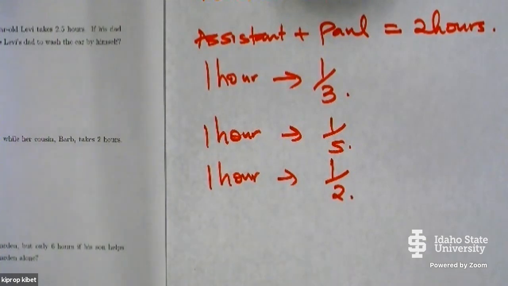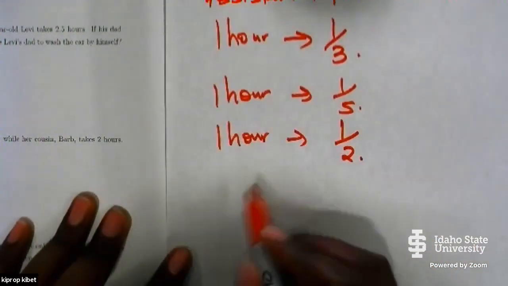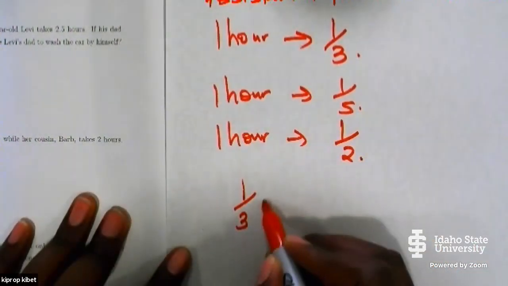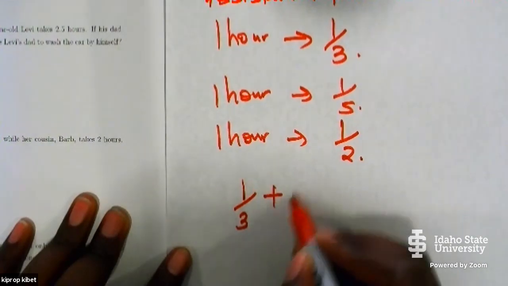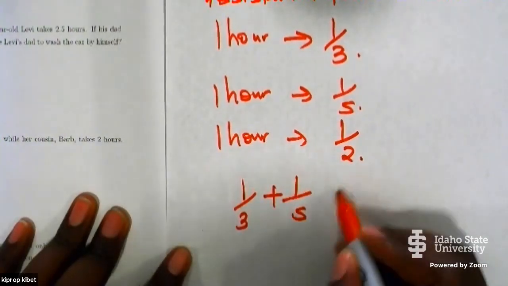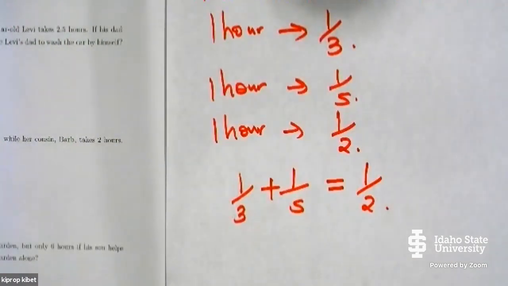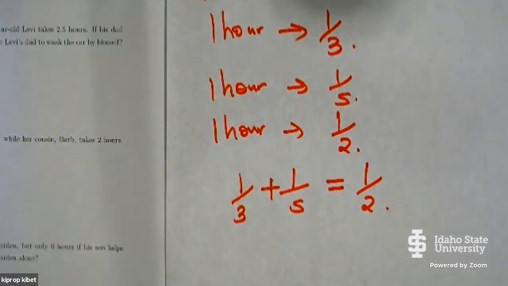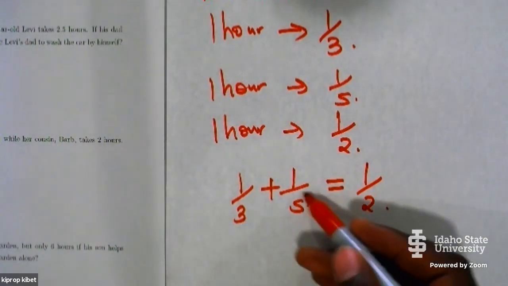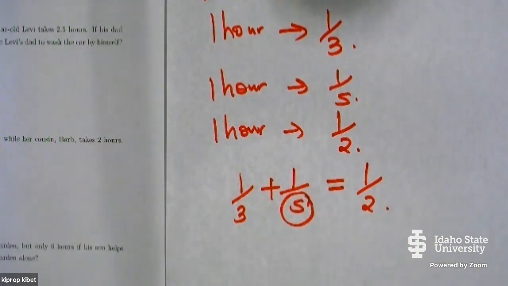So that means it will be 1/3 for Paul plus 1/S for the assistant equals 1/2 for the two of them. Okay? So now you look for the value of the assistant, which is S.